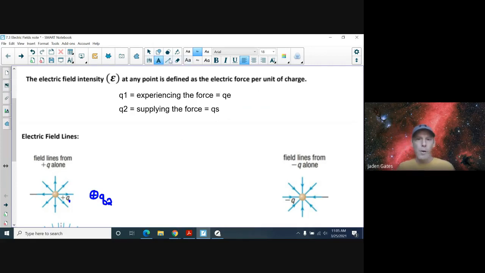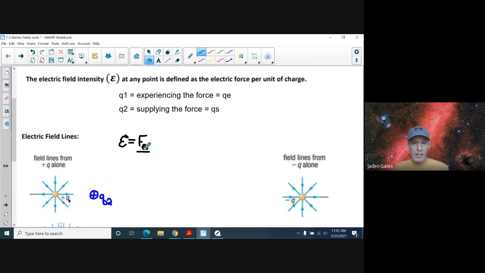Now, the electric field intensity talks about the amount of force per unit of charge. And so the formula that we have, because of that definition, is epsilon, again our electric field intensity, is equal to the amount of force per charge, and that charge that I've said is experiencing the force is Q1 right here.